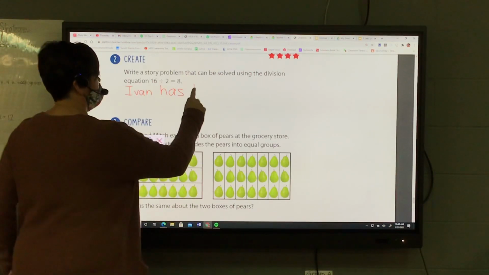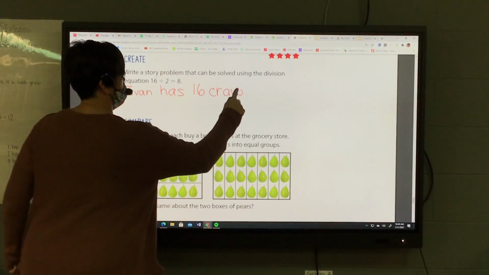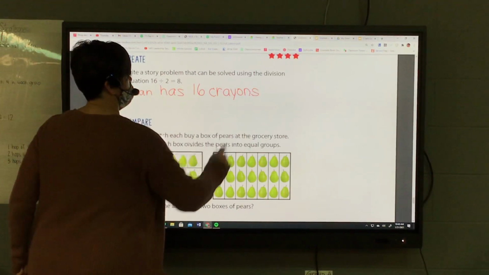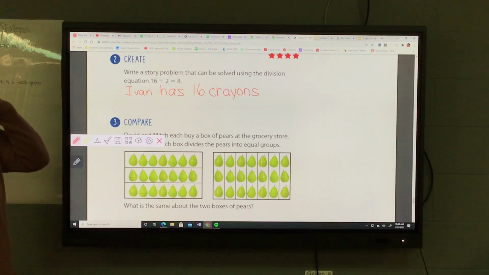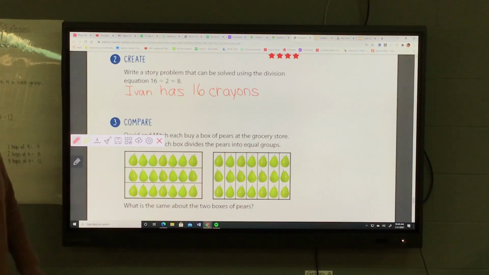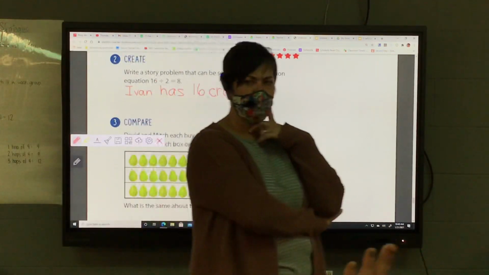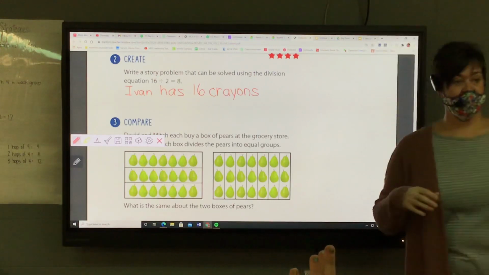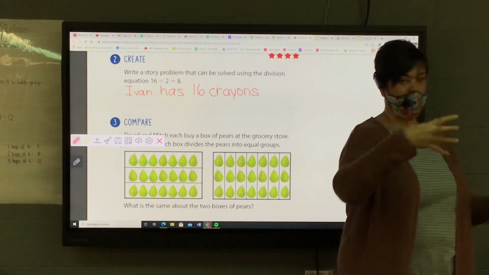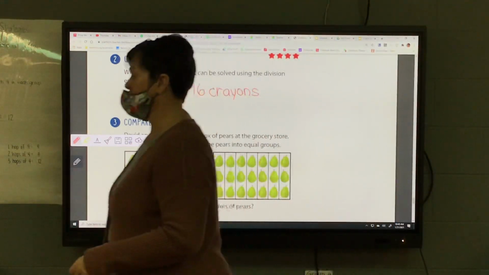Ivan has 16 crayons. If he has 16 and we're dividing, does that mean we're kind of splitting them up? Okay, Ivan has 16 crayons.